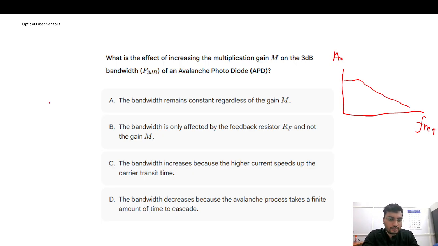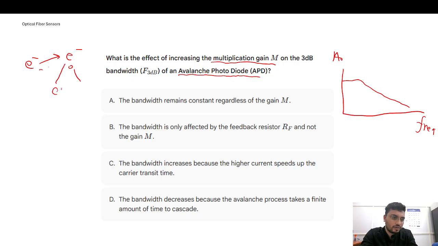If you are using the APD, it will take time for the multiplicative gain to happen. One electron will hit and generate one electron-hole pair. Then the same thing repeats, it's a multiplicative process, like a chain process.